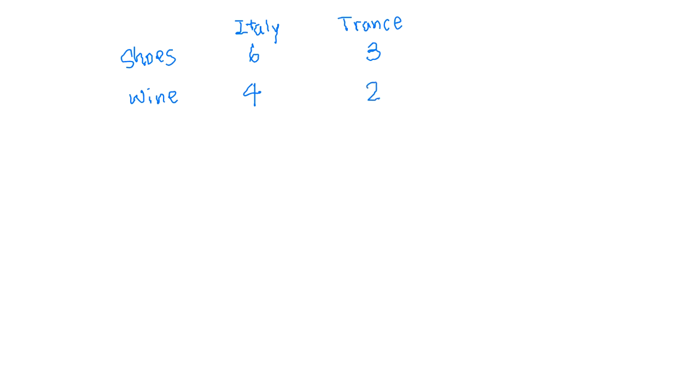Okay, so the first step to figure out the Ricardian model, remember that the Ricardian model is the second model that we encounter in this course, right? It's the first neoclassical model.